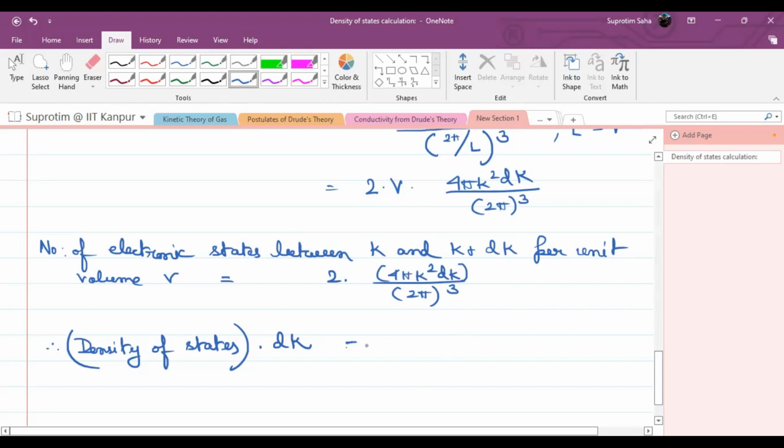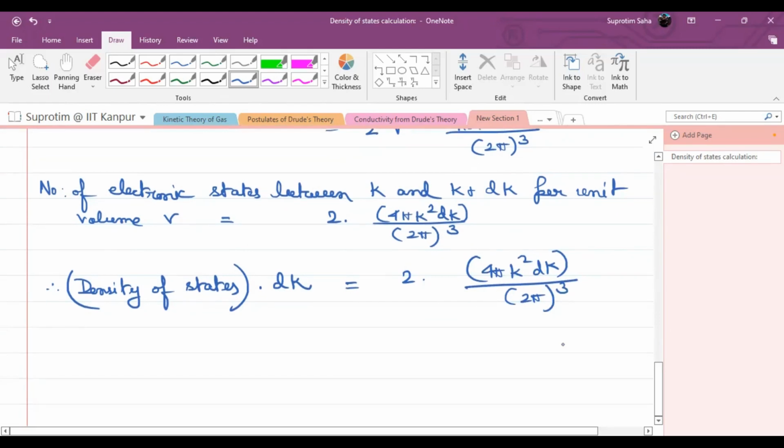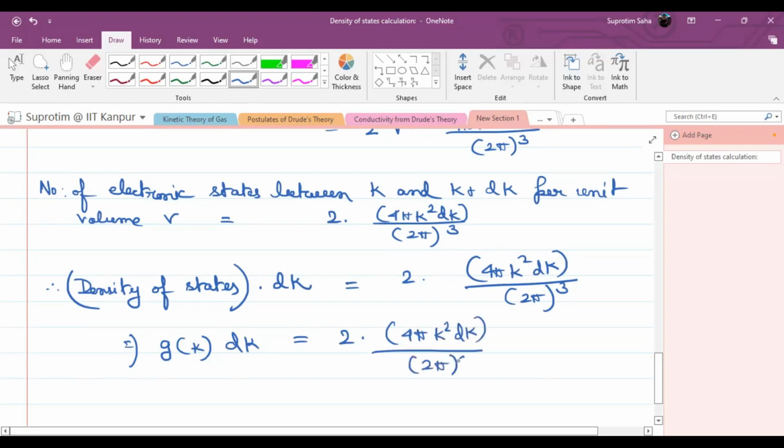So this is again twice 4 pi k squared dk over (2 pi) whole cubed. Now we are going to write this as g of k dk. We name the density of states g of k, so g of k is twice 4 pi k squared over (2 pi) whole cubed.